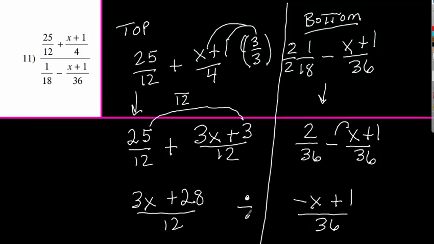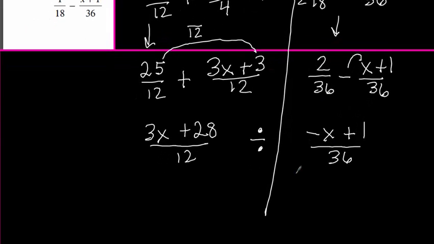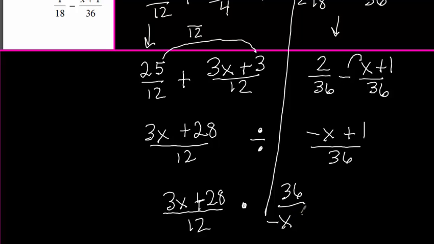So I know that I am dividing these two together, right? So I can flip them around. So I get 3x plus 28 over 12 times 36 over negative x plus 1. So let's think about simplifying that.